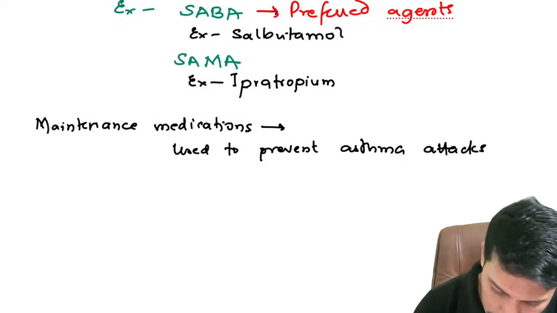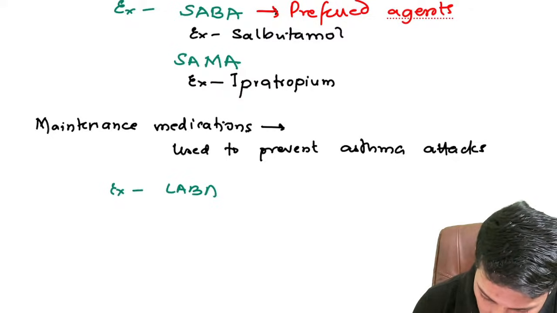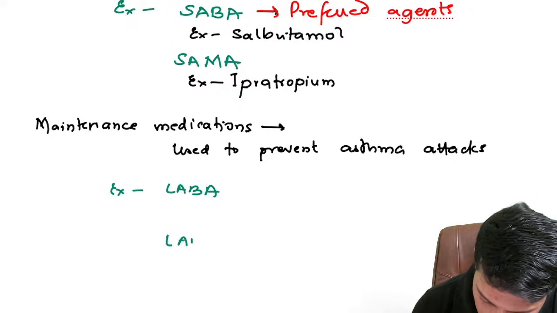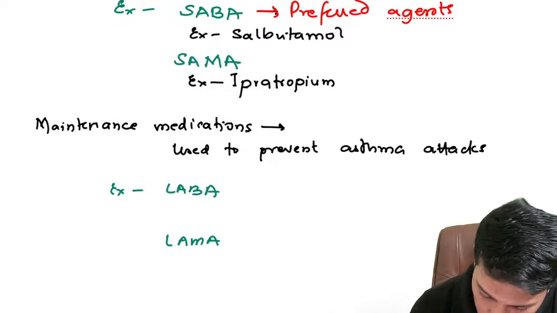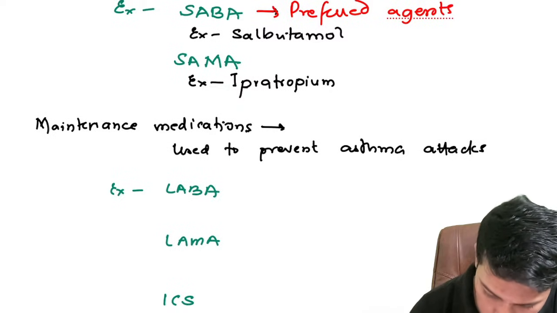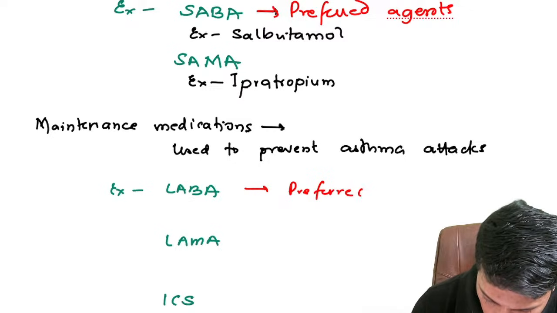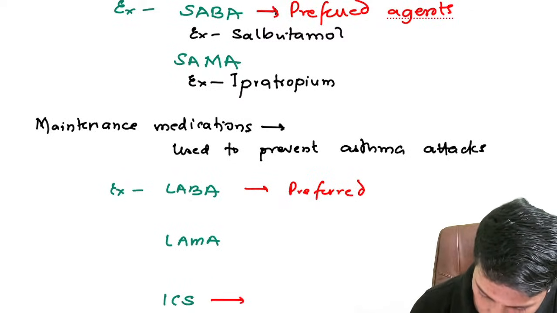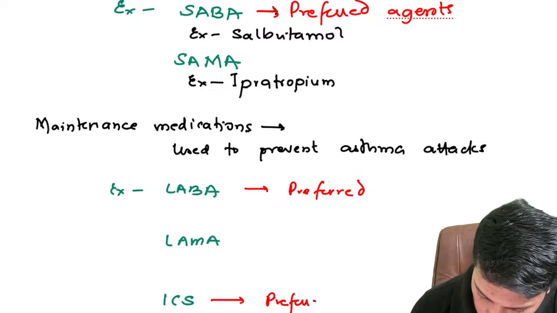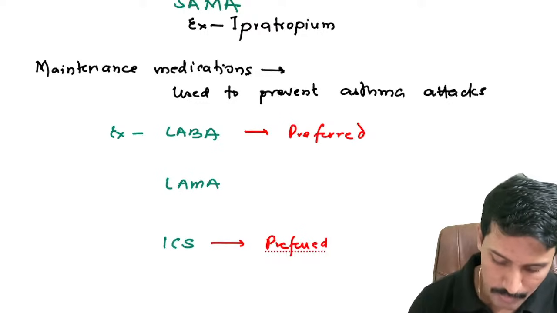Under this you can mention long-acting beta agonists, long-acting antimuscarinic agents and inhaled corticosteroids. And you know that LABA is preferred and ICS is preferred. LAMA is not the first choice long-acting or maintenance medication.